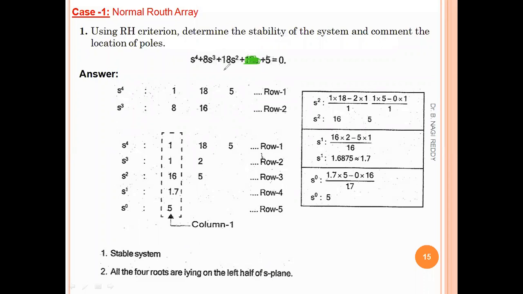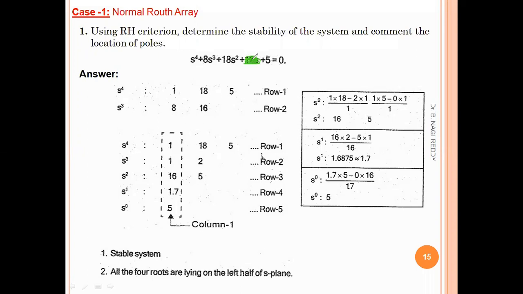Now you can clearly write 2 lines or a single sentence directly without doing the problem. Because according to the Routh-Hurwitz criteria, each and every S power must be there. But here you can see S power 4 is there, S cube is there, S square is there, but S power 1 is missing.